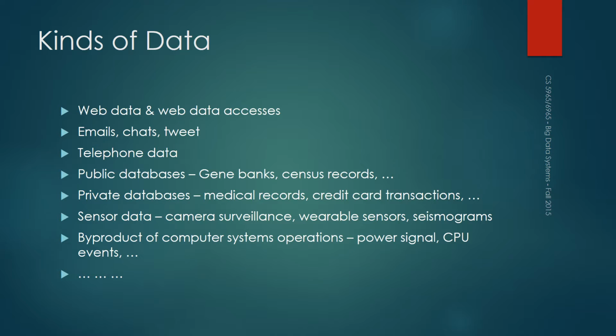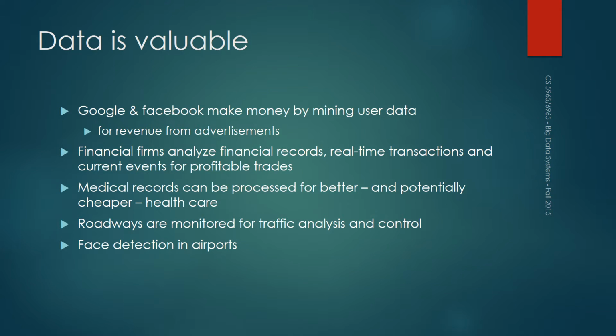There are also a lot of private databases where security becomes important. You could have sensor data, camera surveillance. Many of you are probably wearing sensors which track your movements. Your phones do that. So there's a lot of this kind of information. Data is also valuable. I'm sure all of you know that Google and Facebook make tons of money by mining your data, for the most part by offering to sell things to you, whether it is advertisements or directing you when you're hungry to which pizza place you would rather go to.